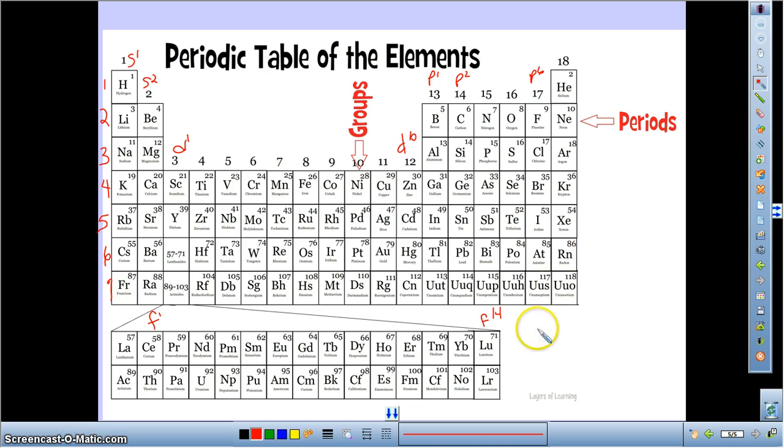So for example, let's say that I wanted to know the electron configuration for lithium. Well, I could go back to our chart and follow the chart. I could also follow the periodic table. So I start with hydrogen at the beginning. So it's 1s1, and then this over here is going to be our 1s2.